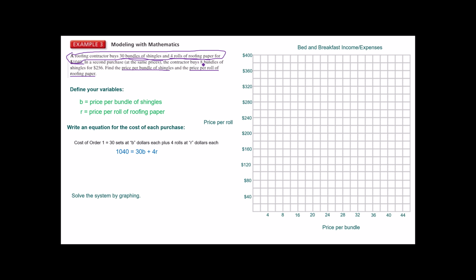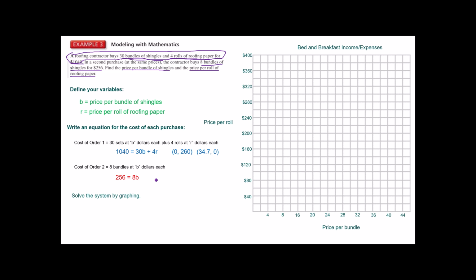Our second purchase, we only bought bundles of shingles for $256. Let's see, it was 8 bundles, wasn't it? The cost for order 2 is 8 bundles at $B each. So it's $256 for 8 bundles. Notice once again, you have 2 equations. That is enough to make a system, and we can solve this system by graphing.